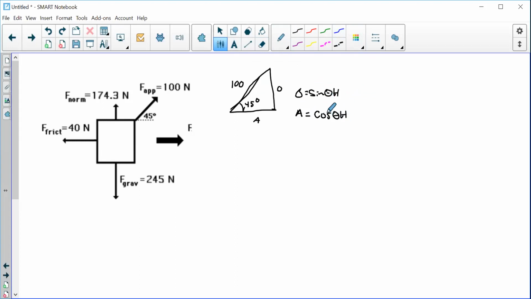So both of these terms, sine and cosine of 45, are equal. So it doesn't matter which one you solve for. Once you get one, you have both of them. So in this case, O equals A. All right, so that's just something to note.